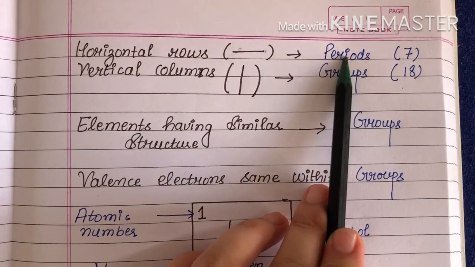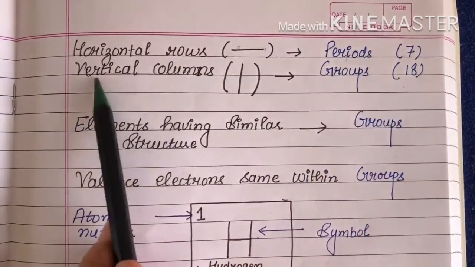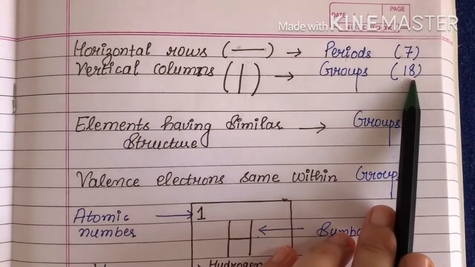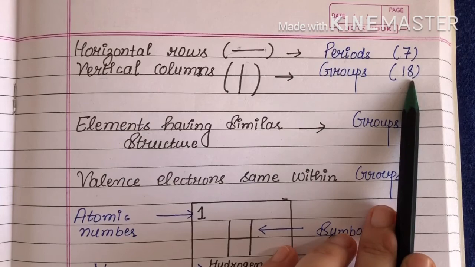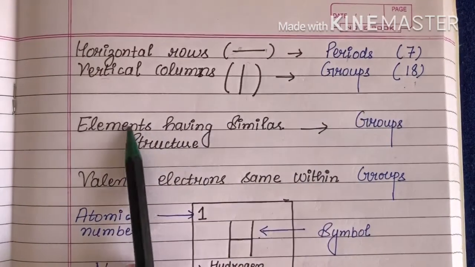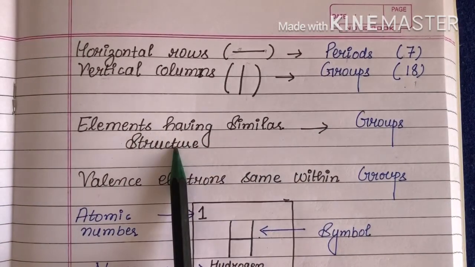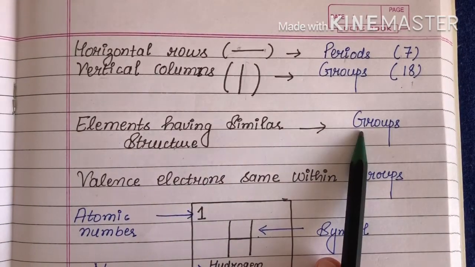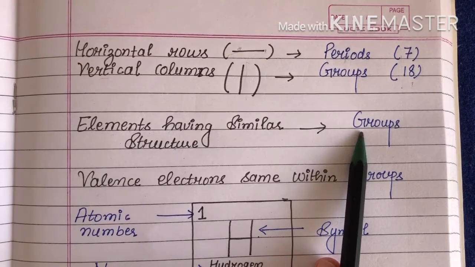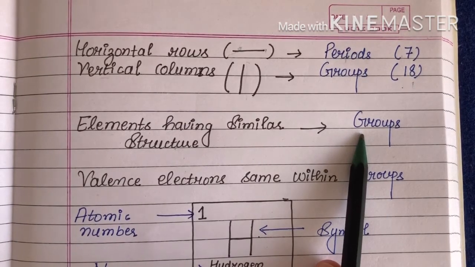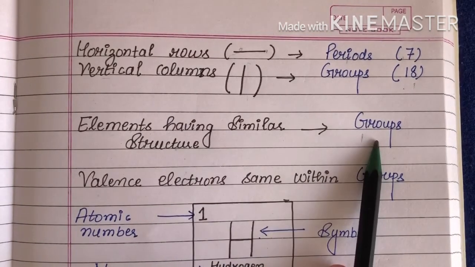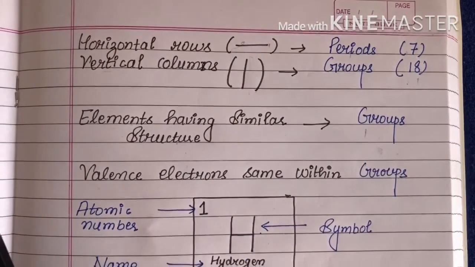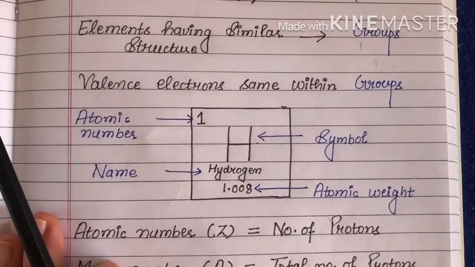How many periods are there? 7. The vertical columns are called the groups and there are 18 groups. Elements having similar structure are kept in the same group, with the same atomic structure and the same number of valence electrons.